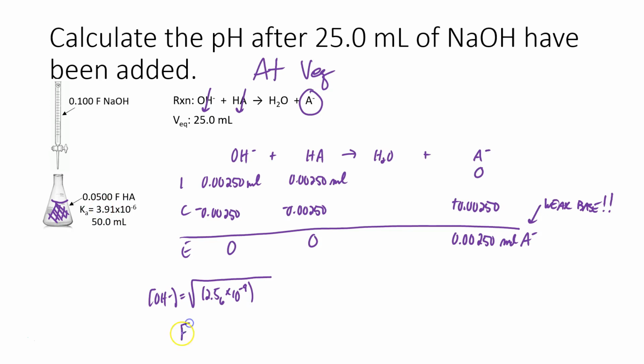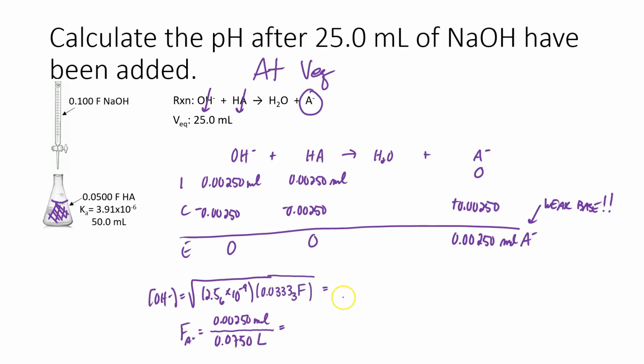And now we need the formal concentration of A minus. Well, that would be the moles of A minus that were produced over the total volume. So we started off with 50, we added 25, that's 75 mils, or this many liters. And I got a formal concentration of 0.0333 with an insignificant 3.